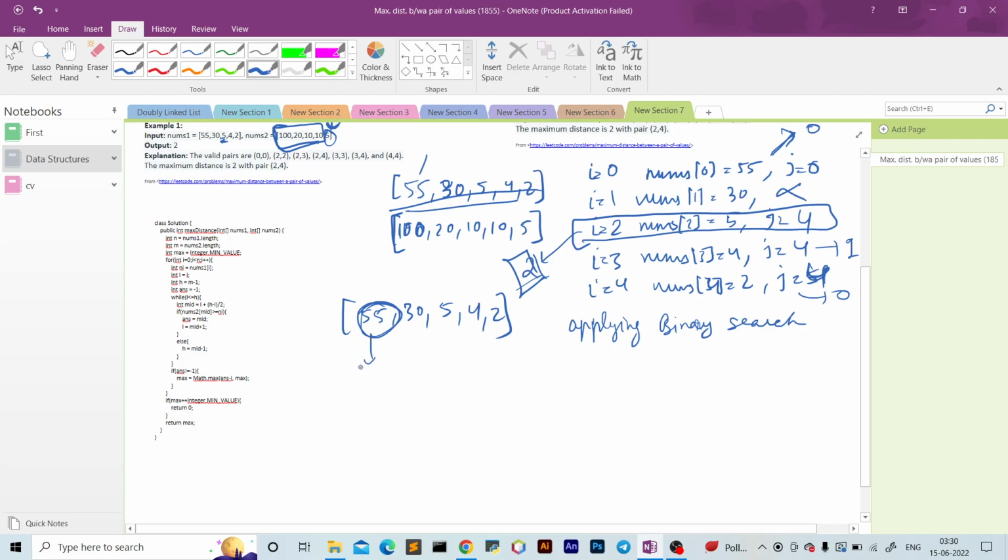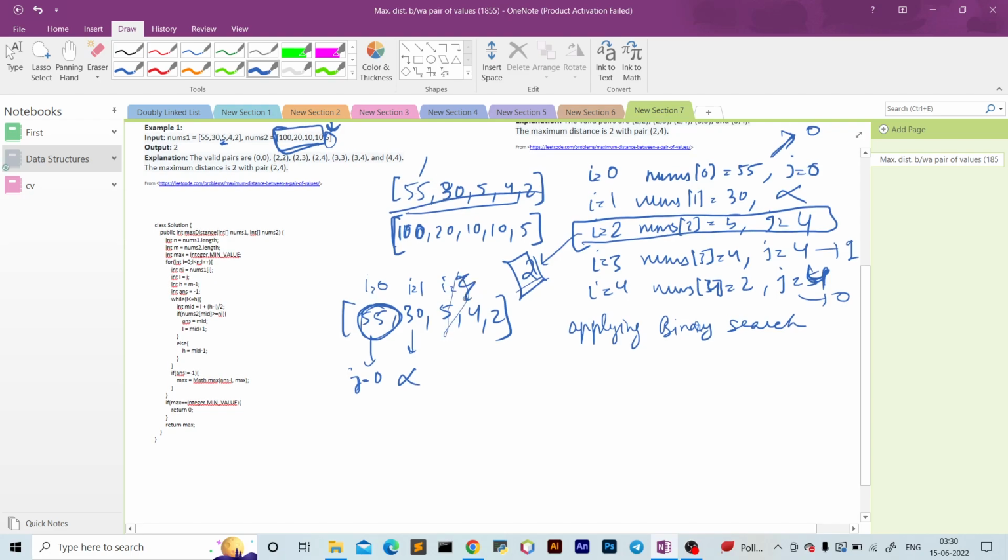For this 55, i is 0 and j would come 0. For i equal to 1, j would not be possible. For i equal to 2 it would be 4. For i equal to 3 also it would be 4. And for i equal to 4 it would also be 4. So the maximum would be 2. This is what I am doing here. I am applying max after each iteration.